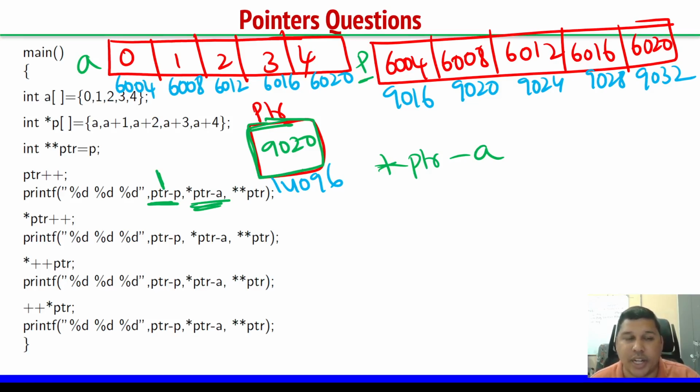You are understanding the point? Please respond. What is the value of star PTR minus A?